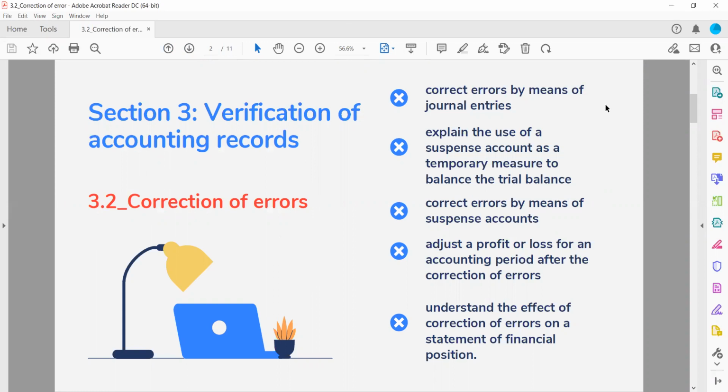In this chapter, we have to learn how to prepare the journal entry to adjust the error and explain how we use the suspense account to balance off the trial balance, adjust the profit and loss after we have done the adjustment, and then know the effect of the adjustment on the statement of financial position.